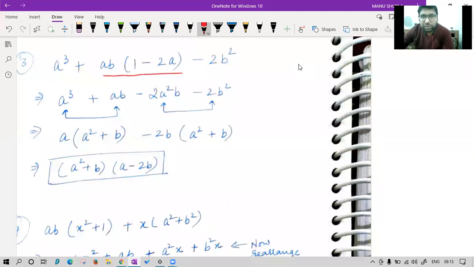When we opened the bracket, we got ab minus 2a square b. After that, simple regrouping and we got the answer. I hope this one is also clear for everyone and you all got the answer. Please confirm P or R. By solving this yesterday, you got the answer easily.